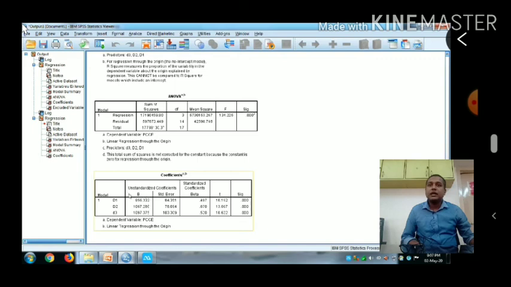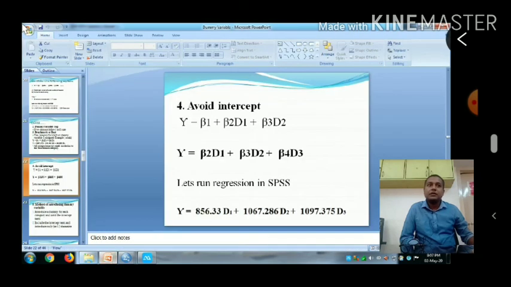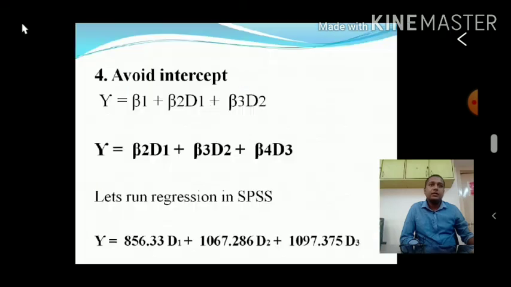Now we can see D1, D2, D3: 856.33, 1067.286, 1097.375. Let me copy these values in the PPT. So you get the result, that is y is equal to 856.33 D1 plus 1067.286 D2 plus 1097.375 D3.